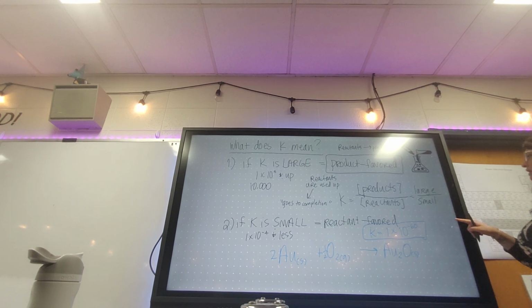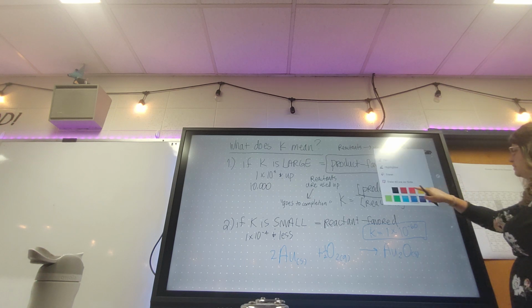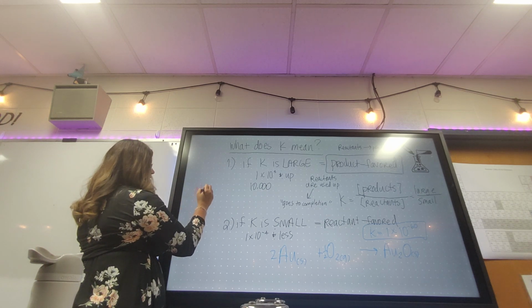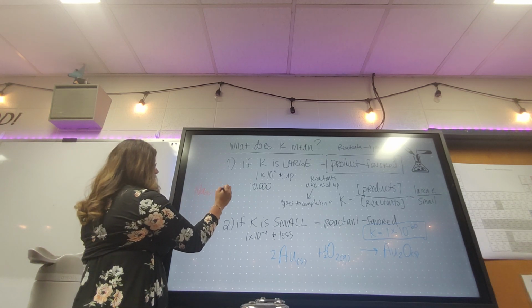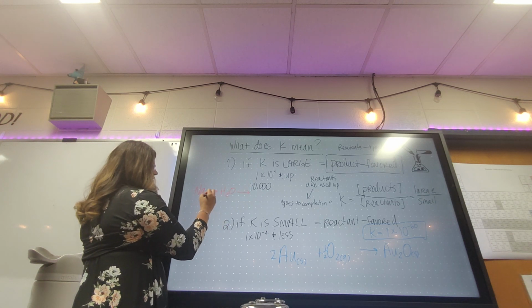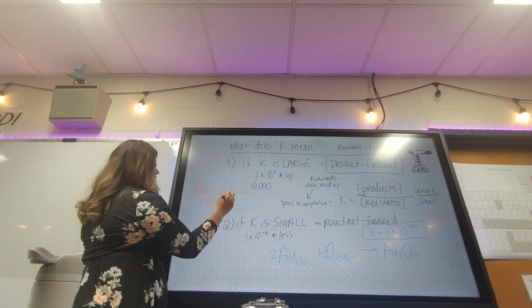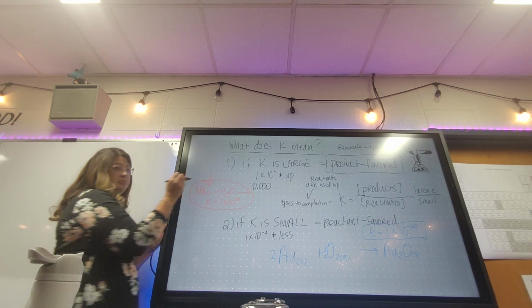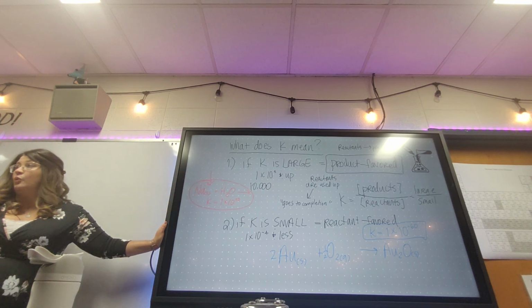A reaction that is an example of K being large is the reaction of sodium metal or potassium metal with water. That reaction has a K value of something like 1 × 10³⁰. An example of this would be when my dad flushed that bit of solid sodium metal down the toilet.